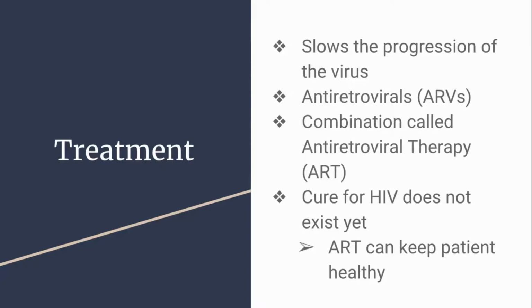However, this is not a problem because ART can keep you relatively healthy for a number of years. It also greatly reduces your chance of transmitting HIV to your partner if it is taken consistently and correctly. ART is recommended for all people living with HIV, regardless of how long they've had the virus or how healthy they are.